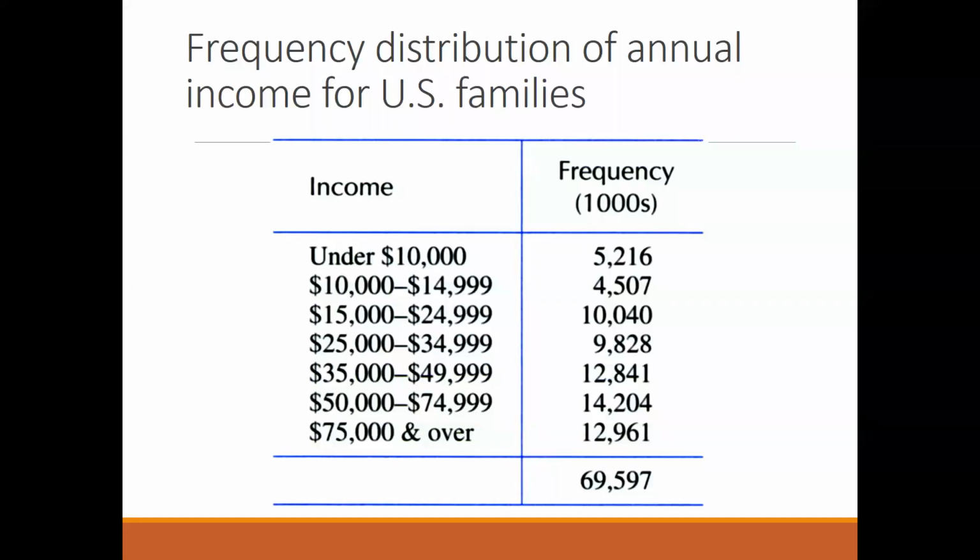Right? It is simple. Now, I'll make a change in this question. I want the probability of the family having the salary between 15,000 and 49,999.